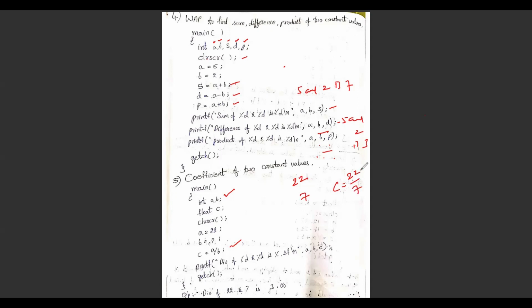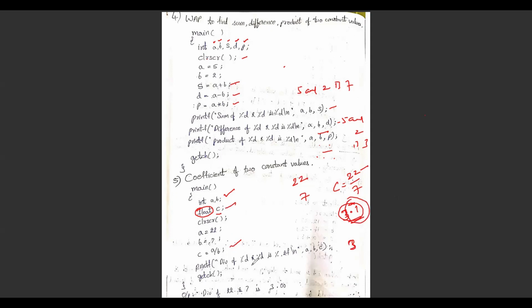If I do 22 by 7, I'm going to get around 3 point something, like 3.1. So 3.1 is a float value. If you take float C, you can store this float value here. But if you take an integer here, you can't store a float value in it. It will store only 3. It won't store the fractional part. That's the reason I'm going to take float C.